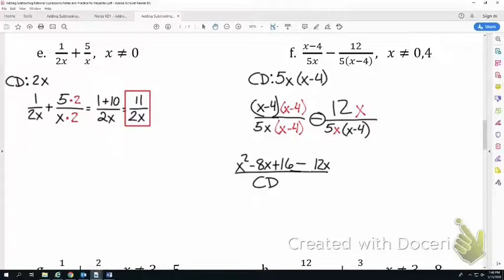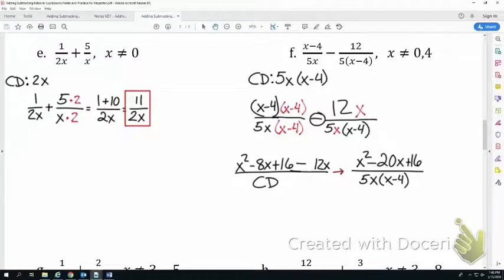So now I need to simplify. I've got x squared. I have negative 8x minus 12x, which is going to give me negative 20x. And then I've got plus 16 over 5x times x minus 4.